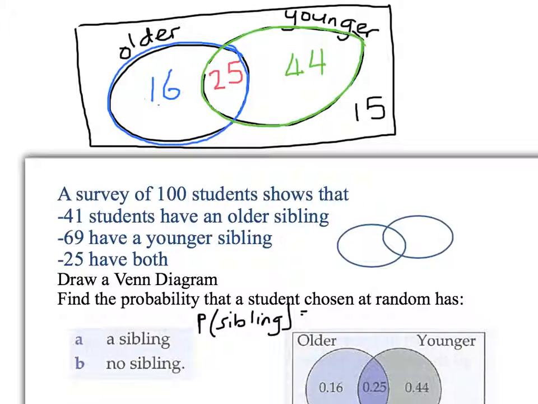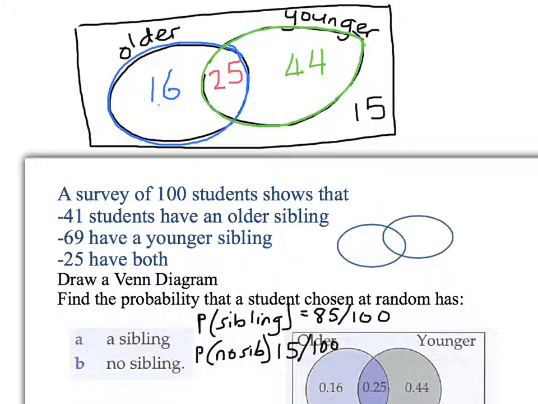Probably the sibling is going to be 16 plus 25 plus 44 is 85 students out of 100. Or we could have 85% or 0.85. And the probability of no sibling, there were 15 outside of those sets, 15 out of 100 or 15% or 0.15.